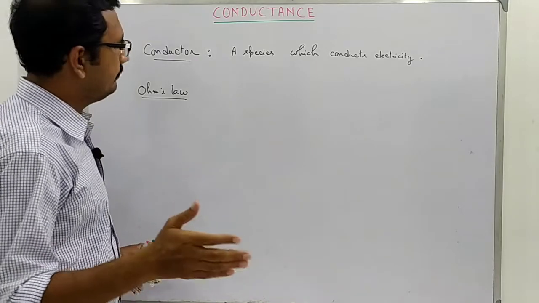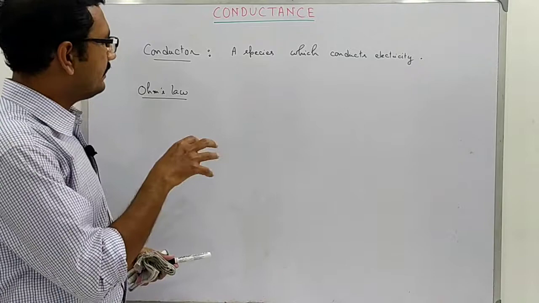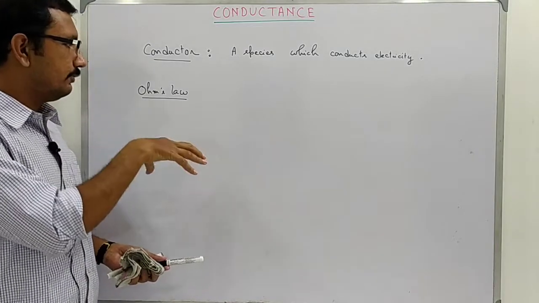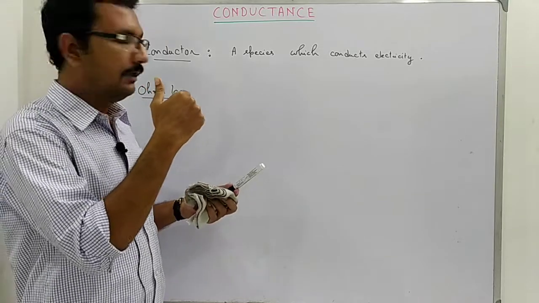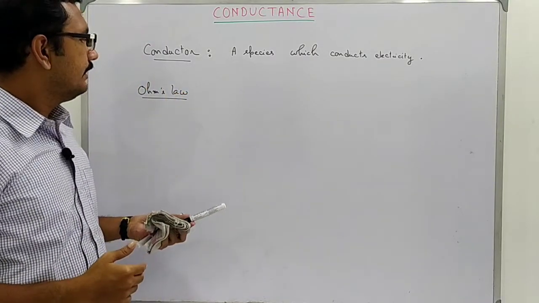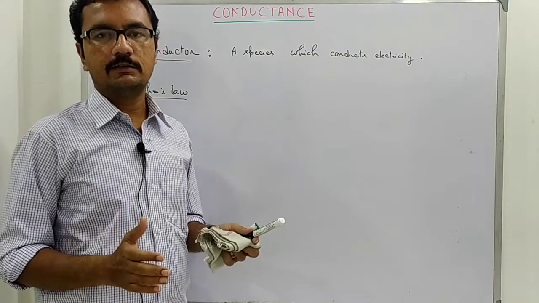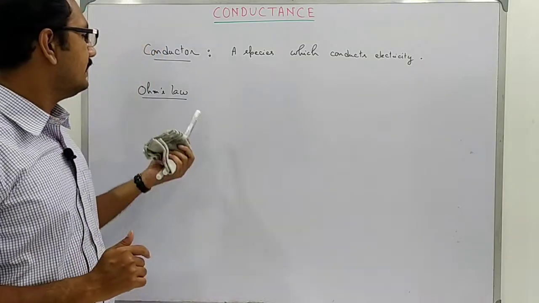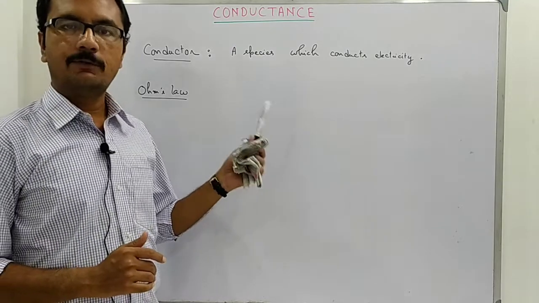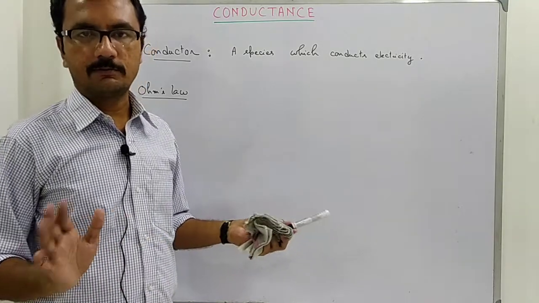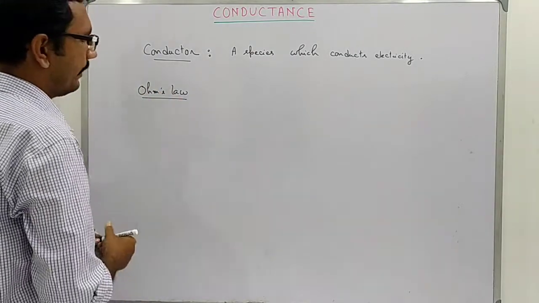This law has some limitations, actually not limitations, the criteria that must be followed while the law is to be satisfied is very typical to be maintained. That is why it is not universally applicable, but to a good approximation it is being followed by almost all systems. So, what this law states?